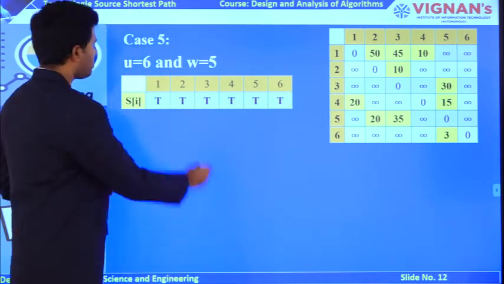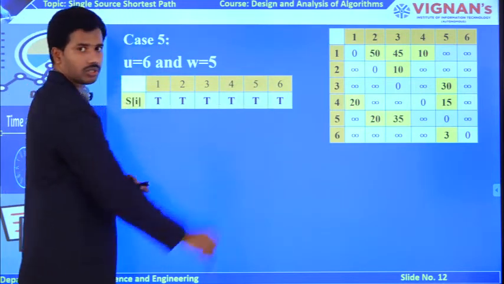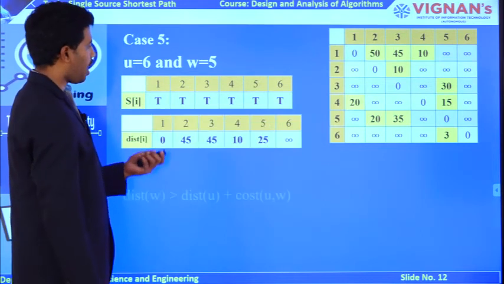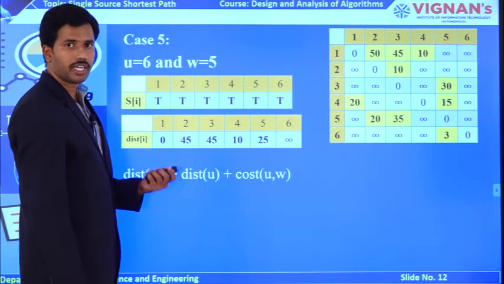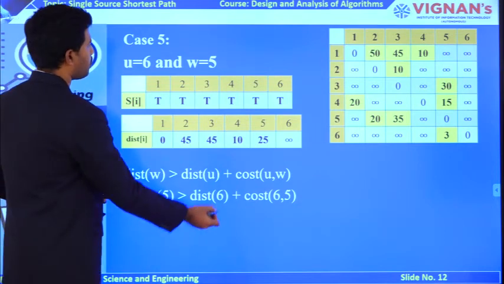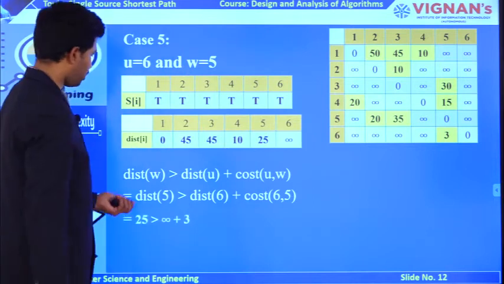After this iteration, I have visited all the vertices from 1 to 6. Based on the u value and w value, I verify whether there is any possibility to update my distance vector. So w is 5, u is 6, and the cost to reach from 6 to 5 is 3.